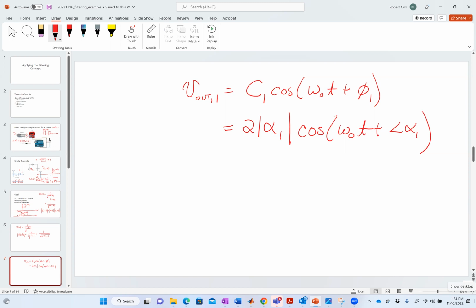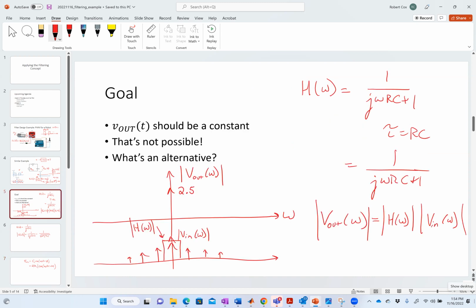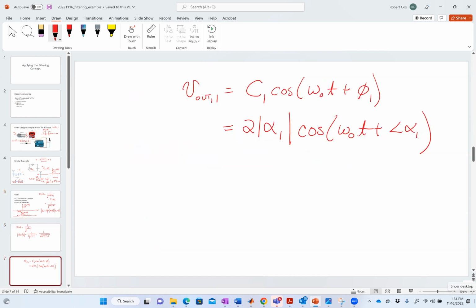Well, this is the fundamental term. This is a cosine term, right? So what do I want this to be? Do I want this fundamental term to appear in my output? I said I wanted the output to be constant. Constant means flat, right? So what do I want C1 to be?